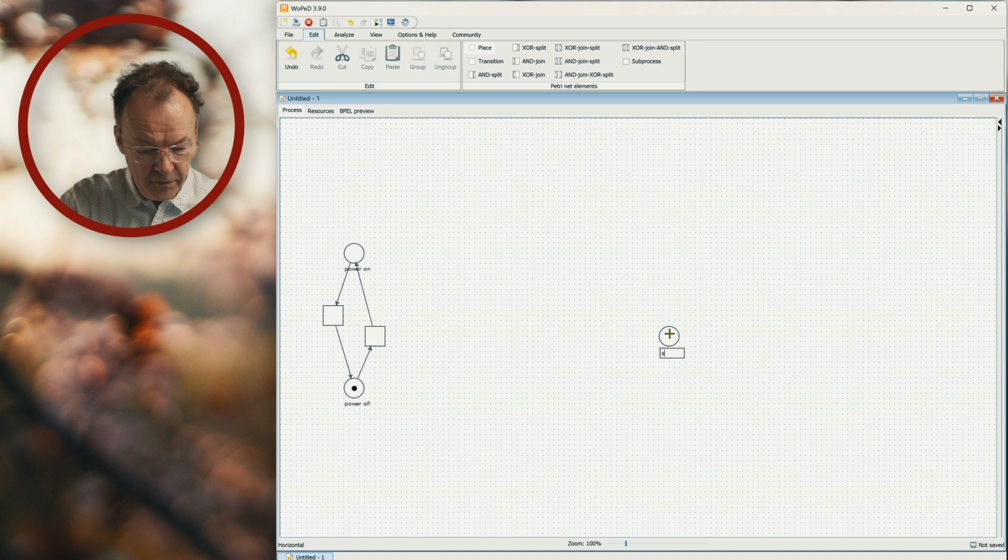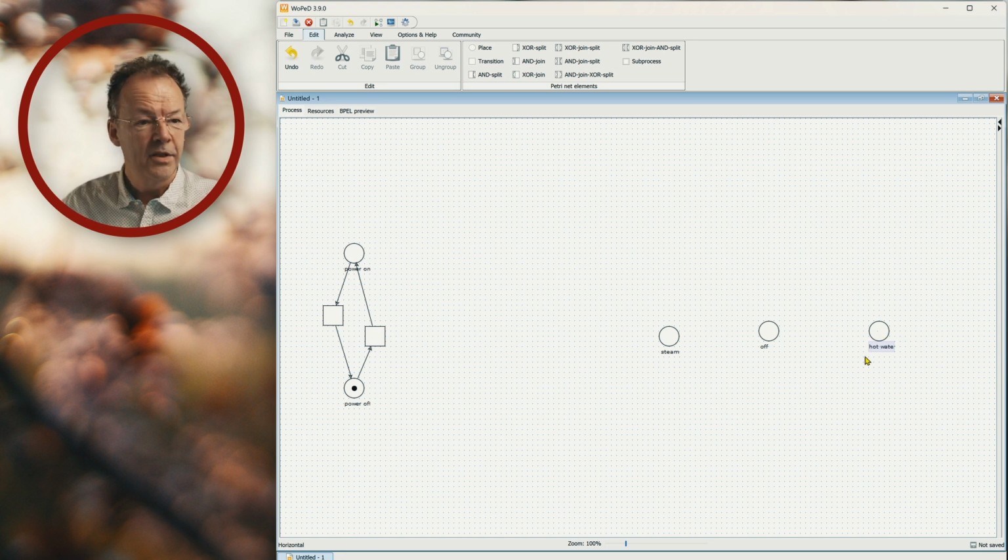One is for the steam on the left-hand side. Another is for the neutral position, or I will call it off. And the third one is for hot water. And we need transitions to go from any of these states to any other state.